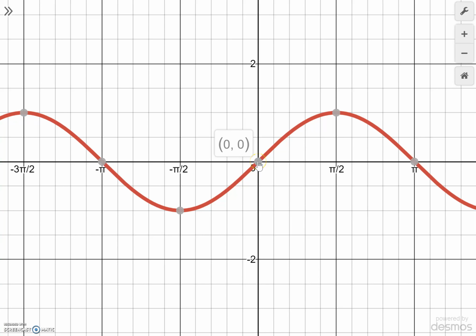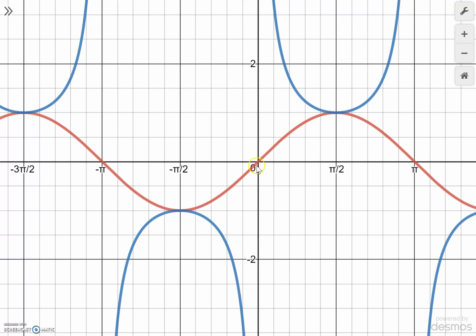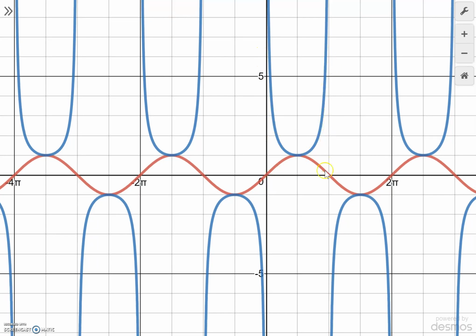Sine of 0 is 0. What's the reciprocal of 0? Well, 0 doesn't really have a reciprocal, but remember, sine is a ratio of two sides. Sine of 0 is 0 over 1. The reciprocal of 0 over 1 is 1 over 0. So every time sine is equal to 0, cosecant has a vertical asymptote.